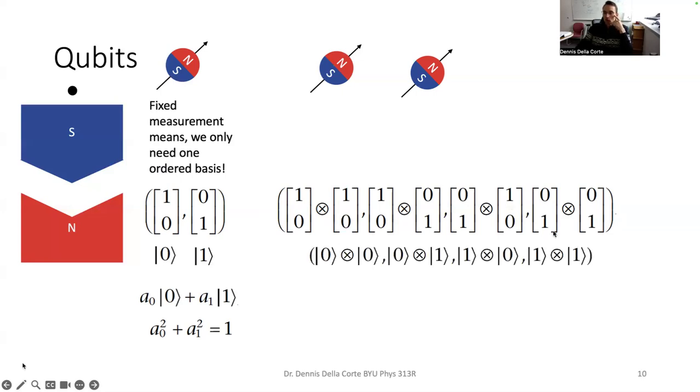This can be shortened by writing these states as the 0 and 1 vectors. Or, as we saw last time, we can get rid of the tensor product by using the convention that when two kets are written next to each other, we assume there's a tensor product between them.